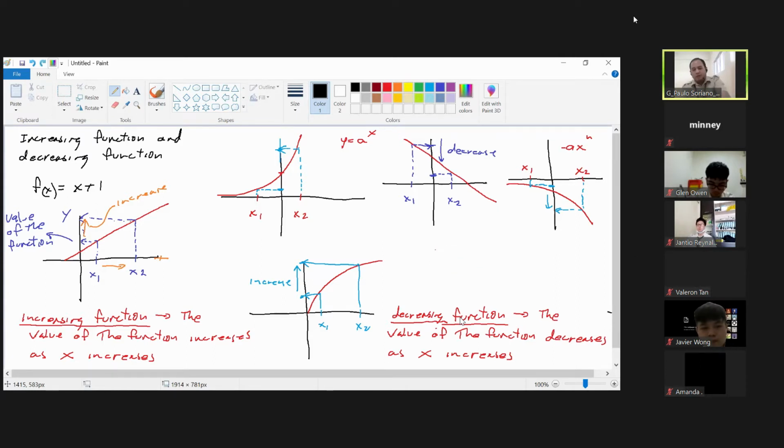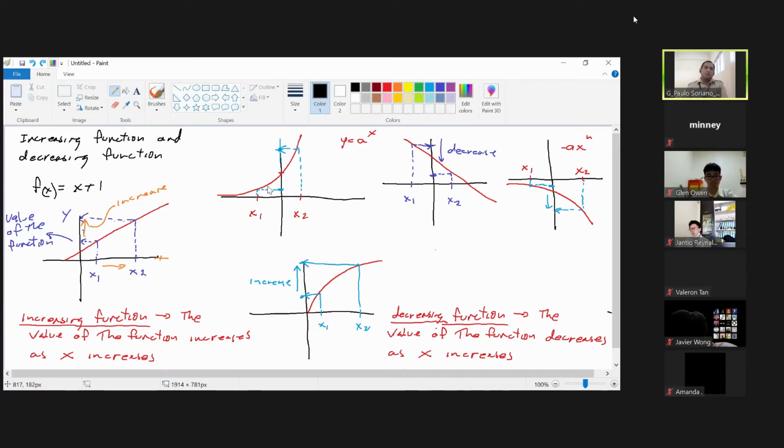Okay, so at this point, since it's clear how an increasing function or a decreasing function looks, you cannot generalize that a function will be constantly increasing or constantly decreasing. There are functions that are constant. There are functions that will never change. It will always be decreasing or it will always be increasing.